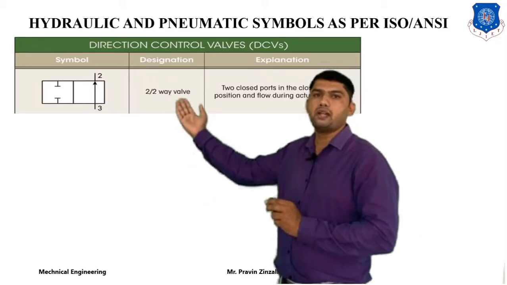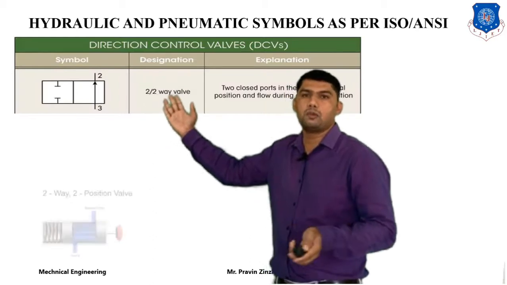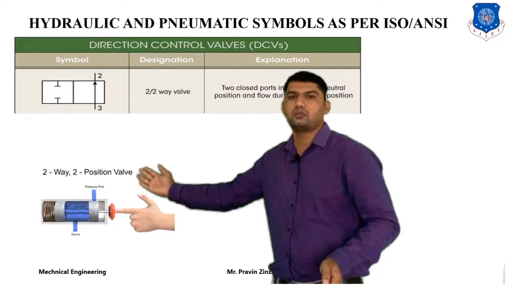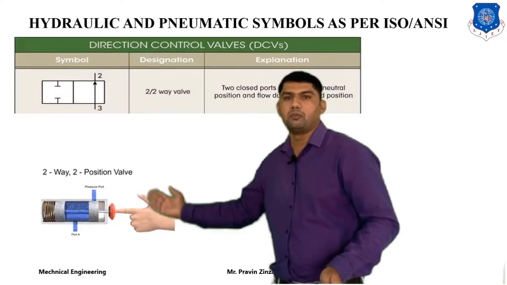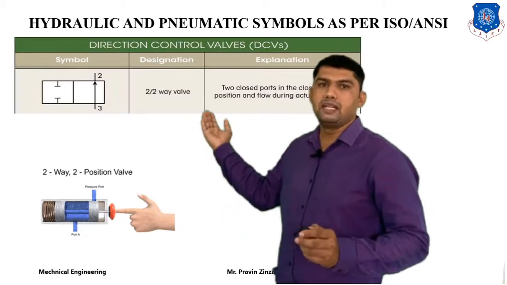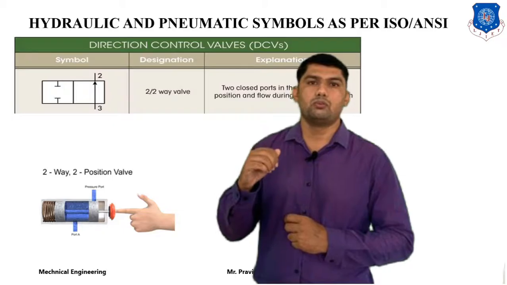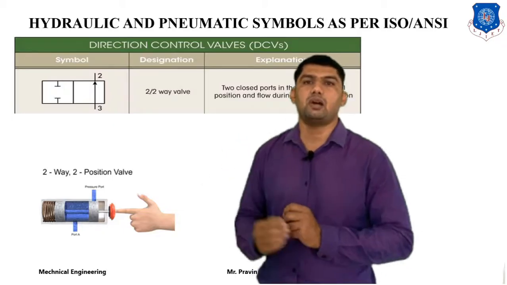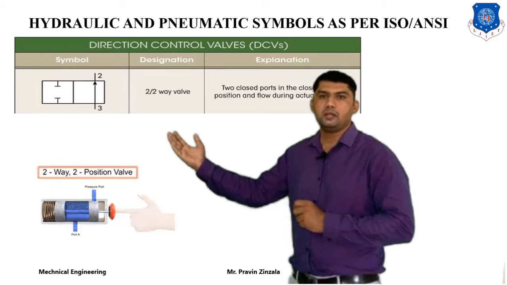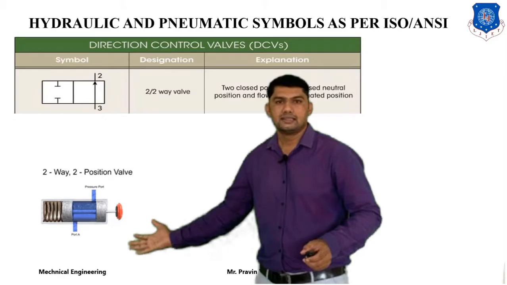Here, 2x2 means the first number represents the number of ports. In the 2x2 direction control valve, there are 2 ports. The first is connected to the pump and the second is connected to the cylinder. The second number represents the number of positions, meaning how many positions can be achieved by this type of direction control valve. In the first position, fluid passes from the pump to the cylinder.